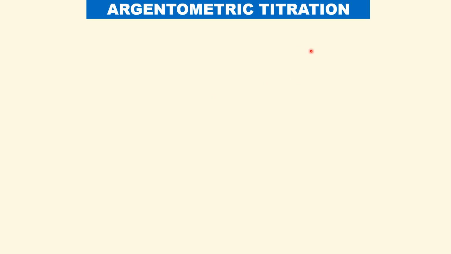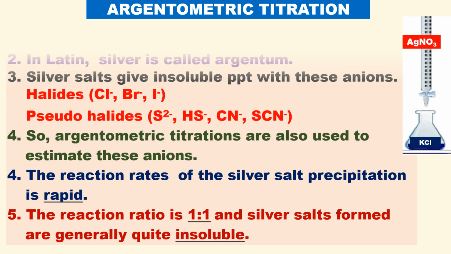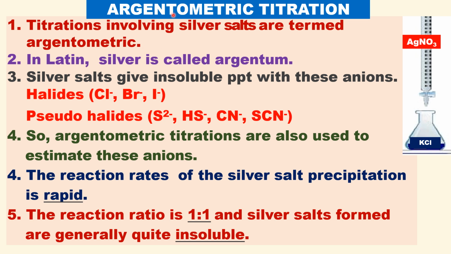Precipitation titrations are also known as argentometric titrations. What are argentometric titrations? They involve silver salts and are called argentometric titrations. In Latin, silver is called argentum. Silver salts give insoluble precipitates with halide and pseudo-halide ions.